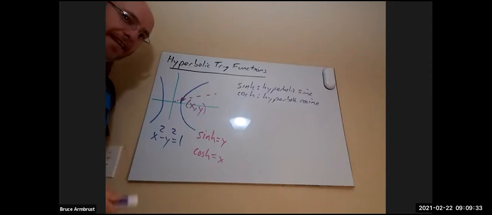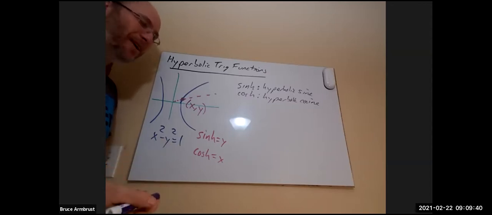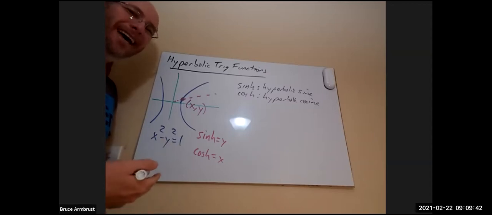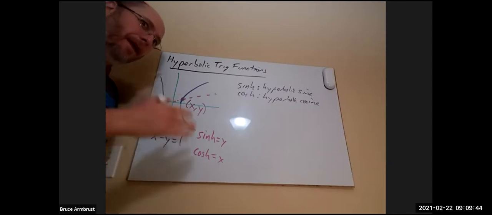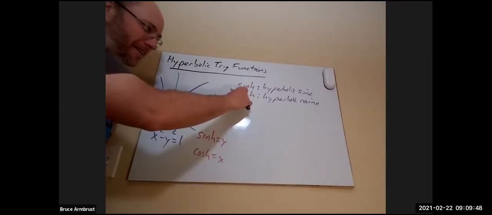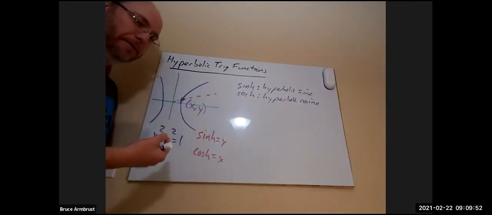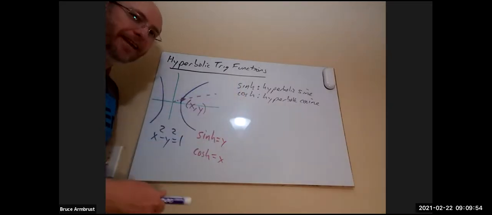So you can understand why, no, probably not. But it makes sense mathematically to call these things sine and cosine, if you're doing the same kind of approach and throwing the h on it, say, well, because it's the sine of the hyperbola.